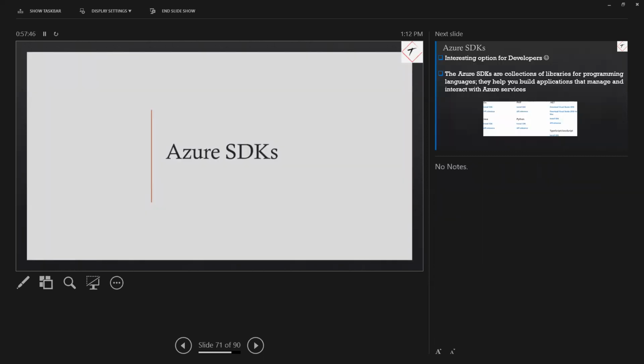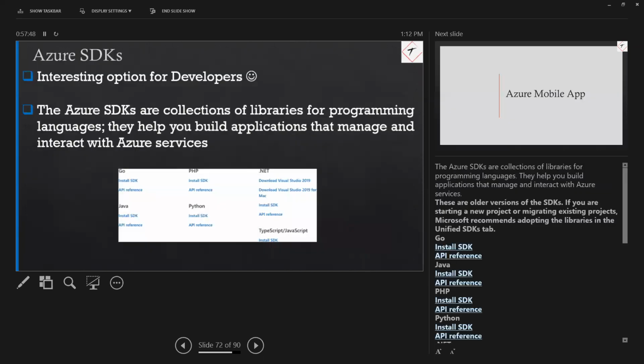Let us look at Azure SDKs. Azure SDKs are a collection of programming libraries. They help you build applications that manage and interact with Azure services. So you have a lot of SDKs, depending on how you want to use them.